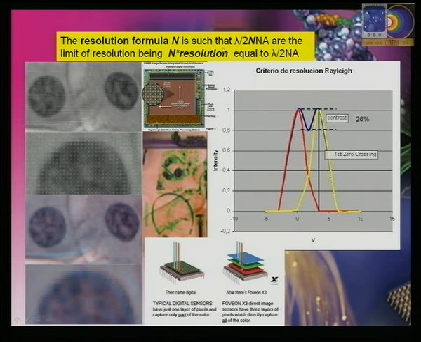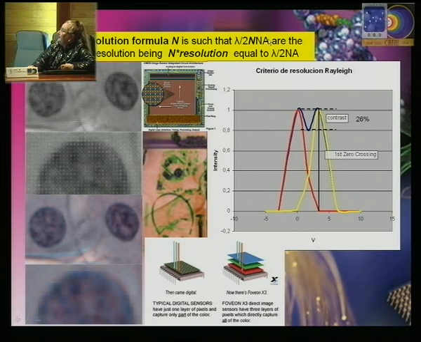The formula of resolution is that one, so two points can be discriminated when the wavelength of the light and the numerical aperture of the optics fulfill this formula, in which the 2 is multiplied by the resolution system.